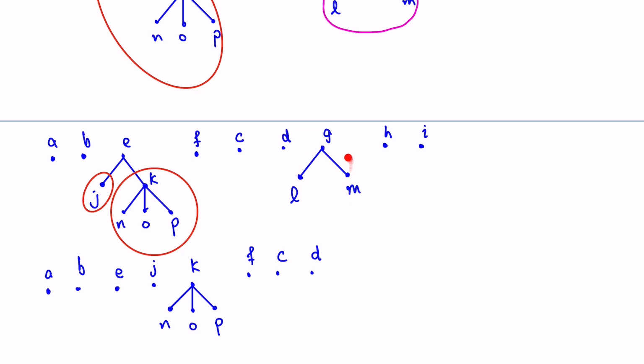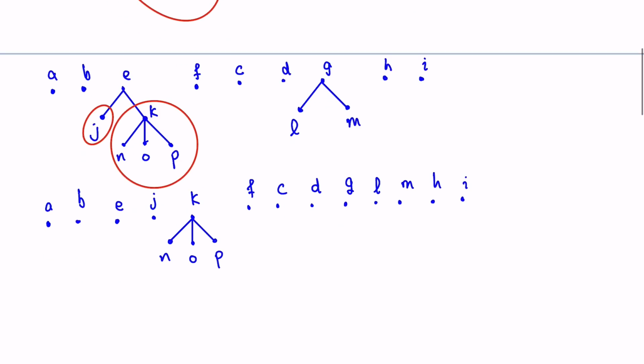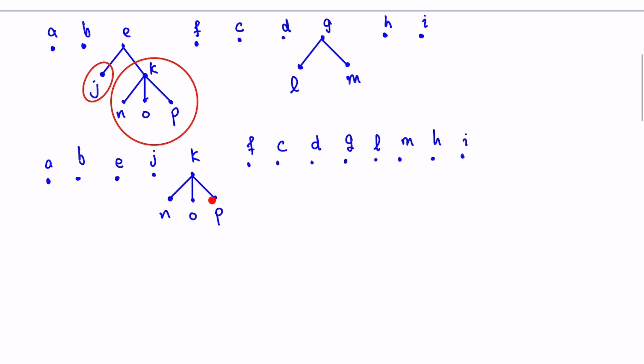And then for this subtree, you visit the root first, then the subtrees from left to right. So the root is G, the subtrees from left to right are L and M, and then H, and then I. Then for the last subtree here, you visit the root first, which is K, then you visit the subtrees from left to right.